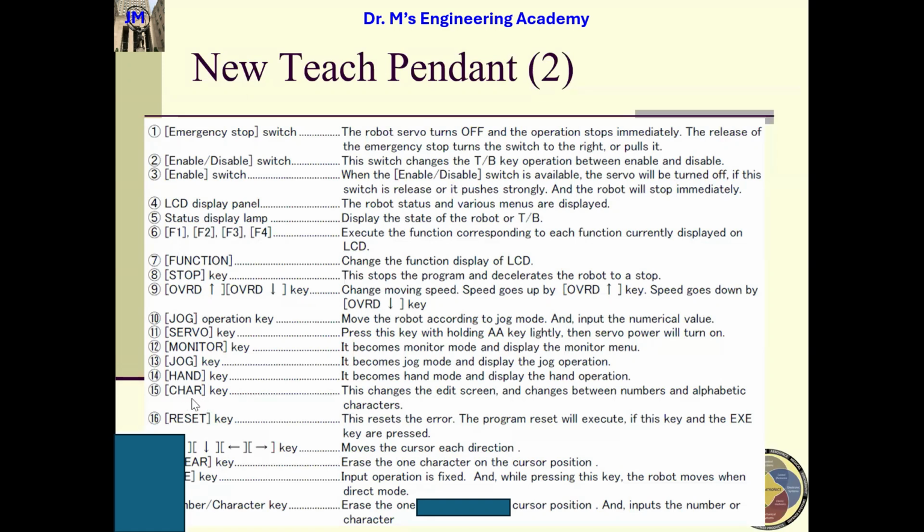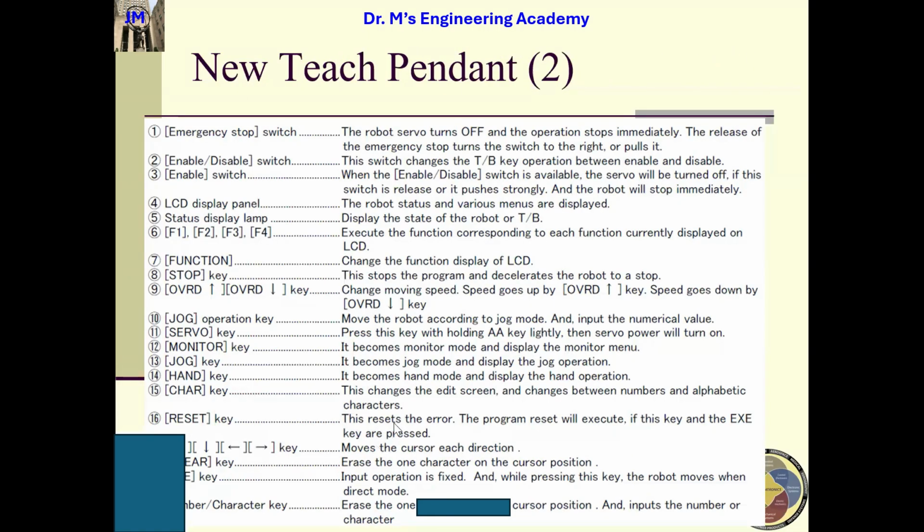Can you write down that CHAR means character: letters, numbers. You can reset, and you can clear or erase the one character on the cursor position if you want to erase it and rewrite. The number and character key inputs the number or character.